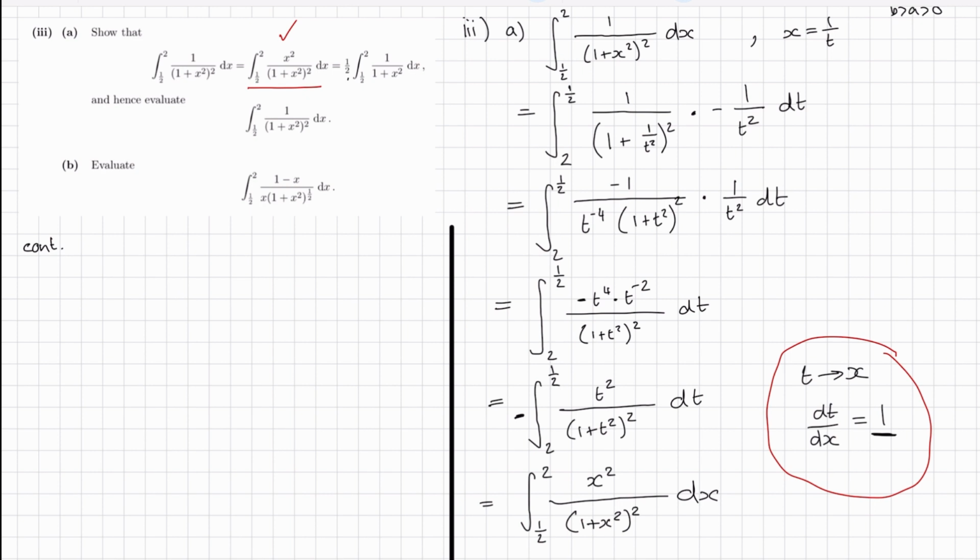So I'm going to write this out as explicitly as possible. Our original integral on the left-hand side can be written as half of that integral plus half of the integral again.